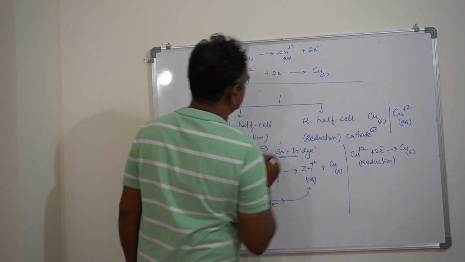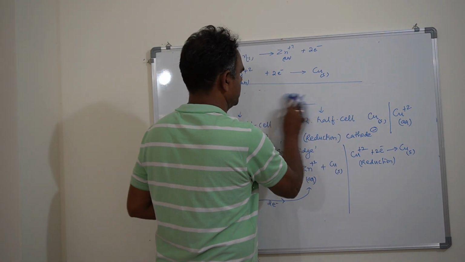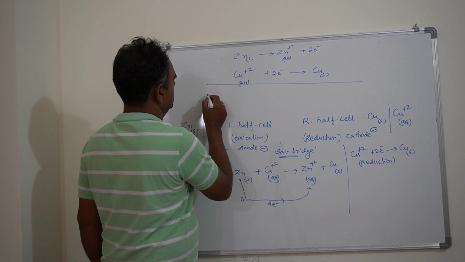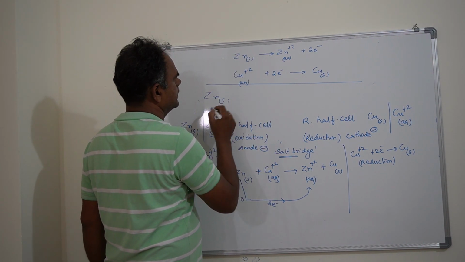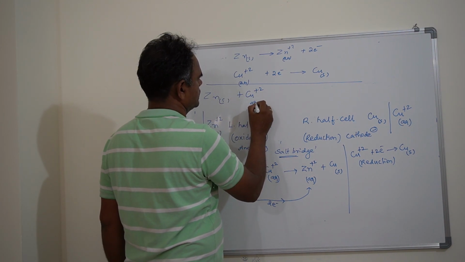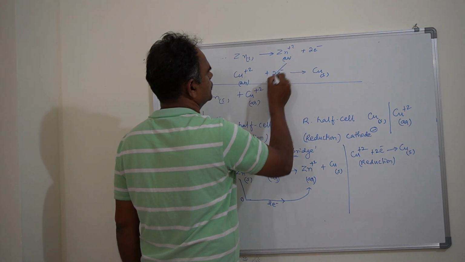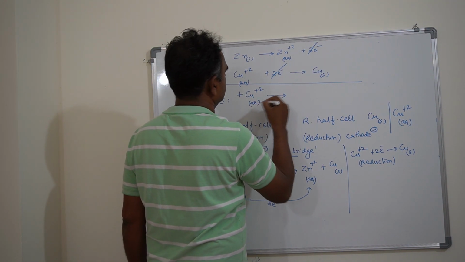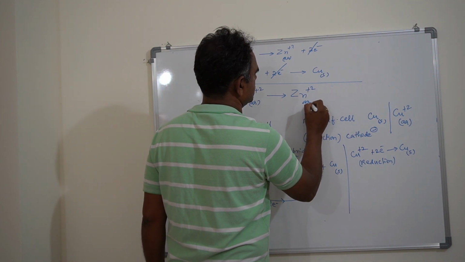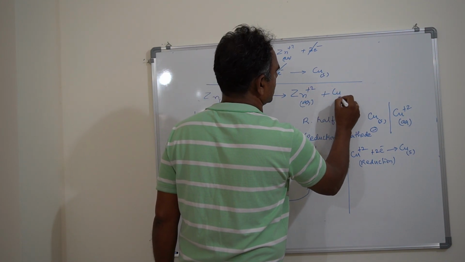So if you combine both reactions, zinc solid placed in copper's aqueous solution, the 2 electrons cancel, and you get Zn plus 2 aqueous solution plus copper solid.